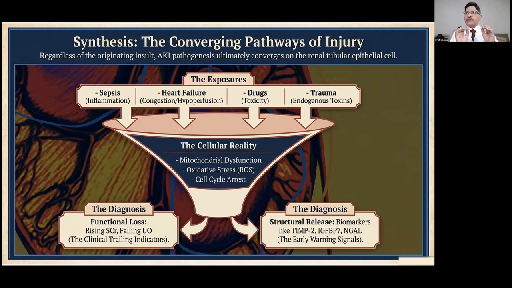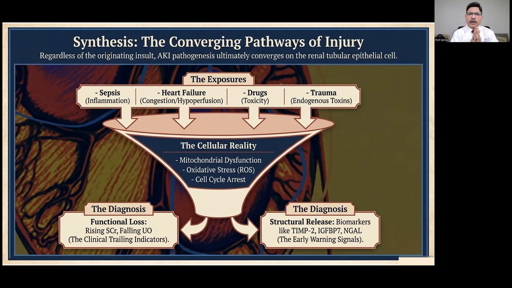The damage is in the proximal convoluted tubule. Exposures like sepsis, inflammation, heart failure, congestion, hypoperfusion, drug toxicity, trauma, and endogenous toxins all lead to cellular injury. That is what happens: mitochondrial dysfunction, oxidative stress, cell cycle arrest.